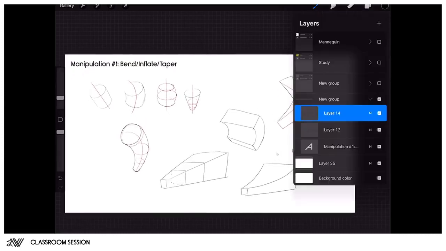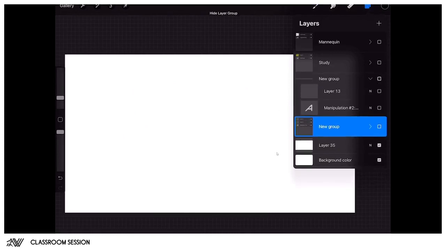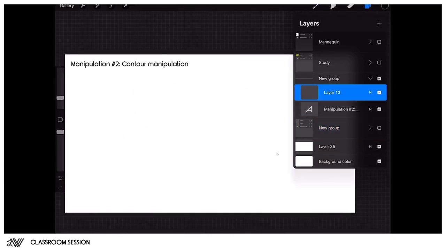Okay, and so then going into manipulation 2, day 1. This is the hard version of manipulation 1, because we're basically still doing everything from the first manipulation.